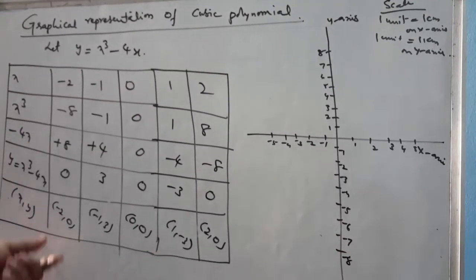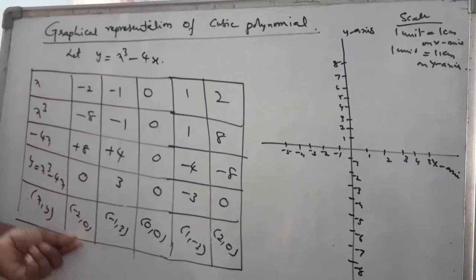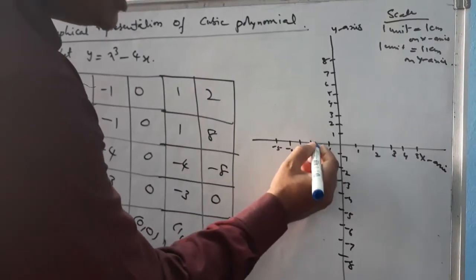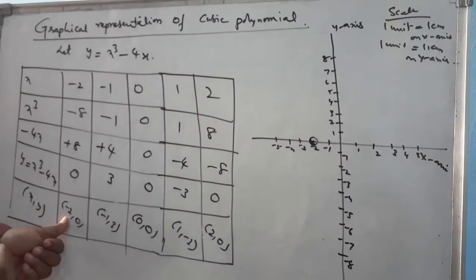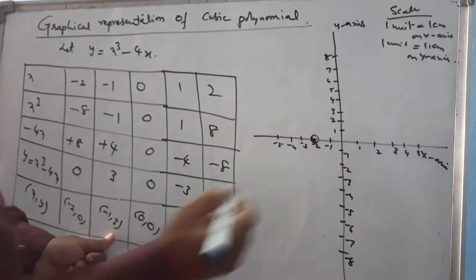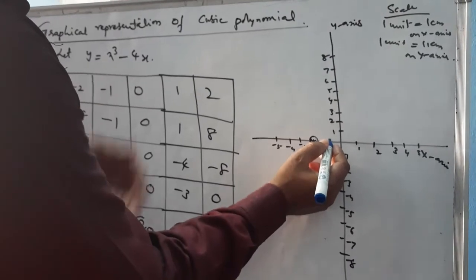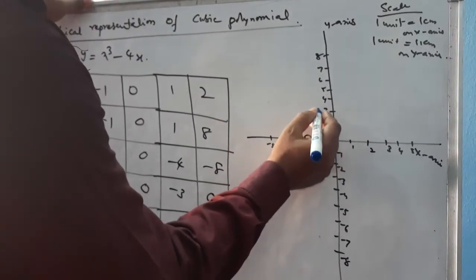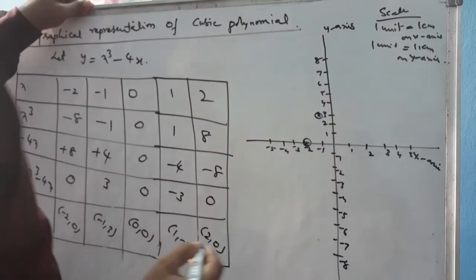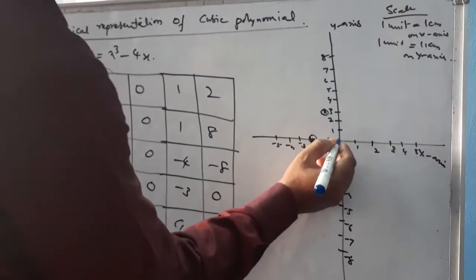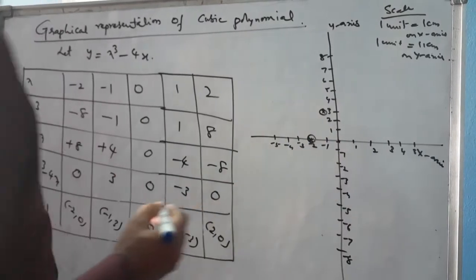So what is the first point? Minus 2 comma 0. We take minus 2 on the x-axis. Next minus 1 comma 3. 3 is a positive value, so we move upside. Next 0 comma 0, which is the origin.